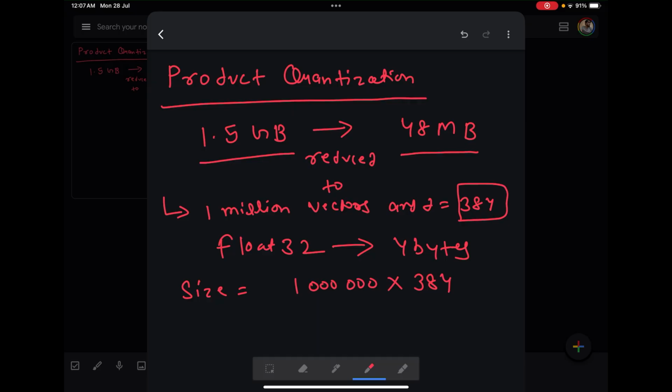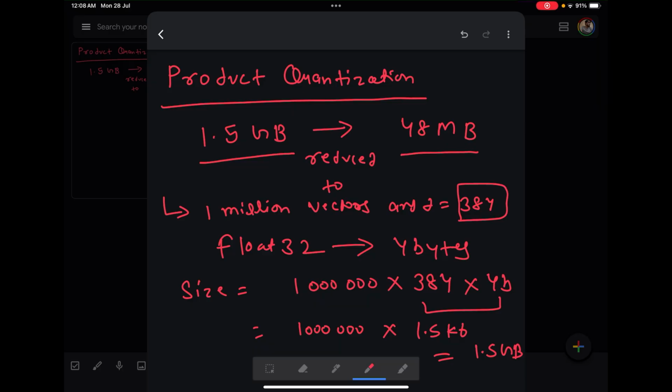Each vector has 384 numbers and each has a size of 4 bytes, and if we compute this number, it will turn out to be about 1.5 kilobytes per vector, and if you do this math, it will turn out to be 1.5 GB.